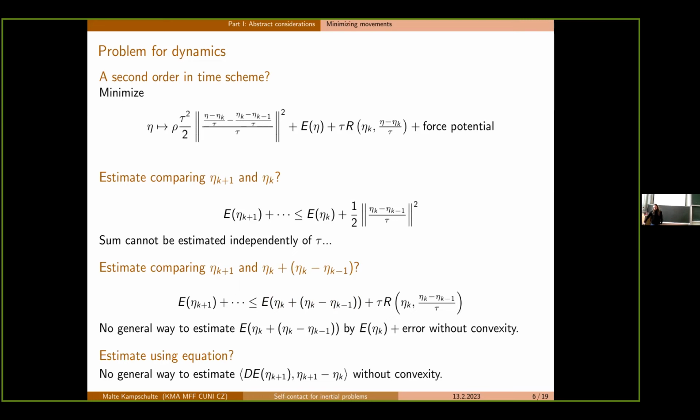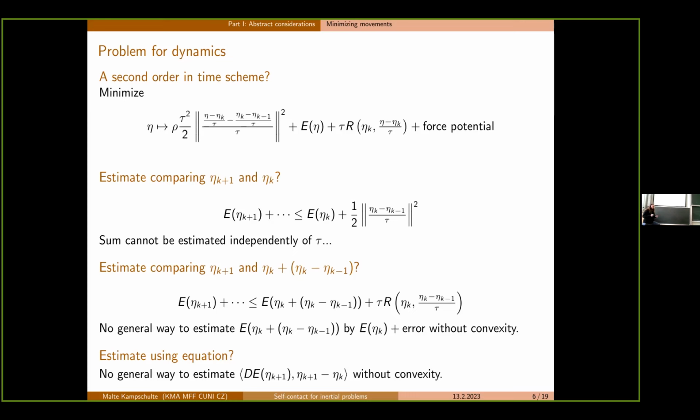You need to estimate then this term if you test the equation with the discrete time derivative. And this works for convex problems, but without convexity, this term doesn't help you that much.